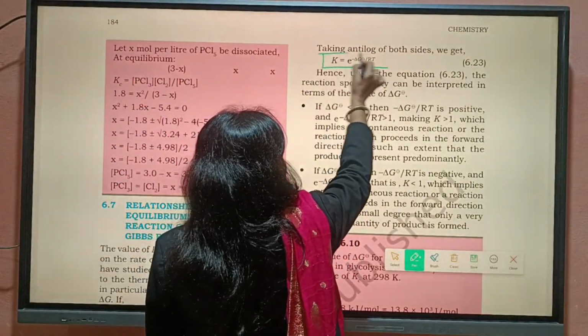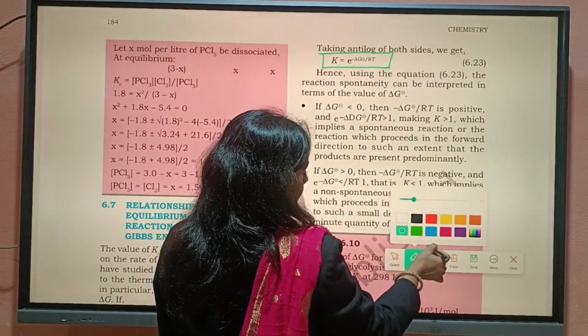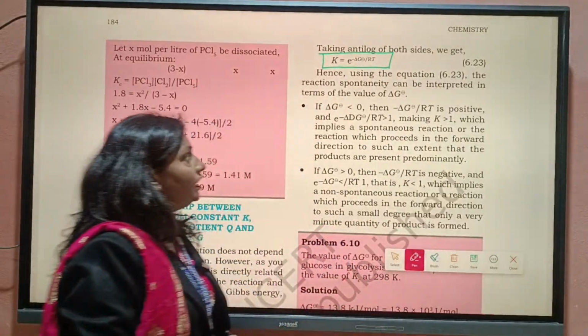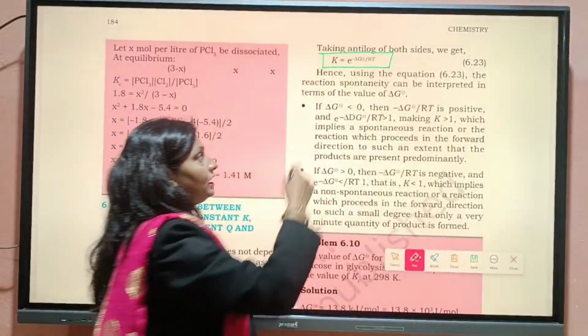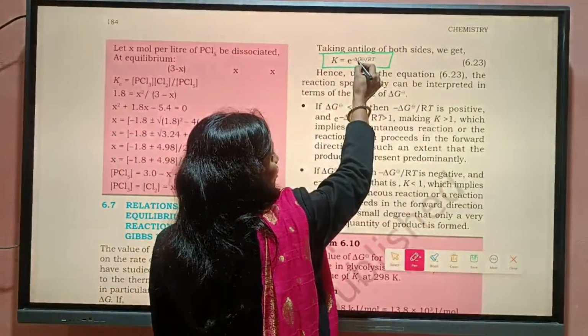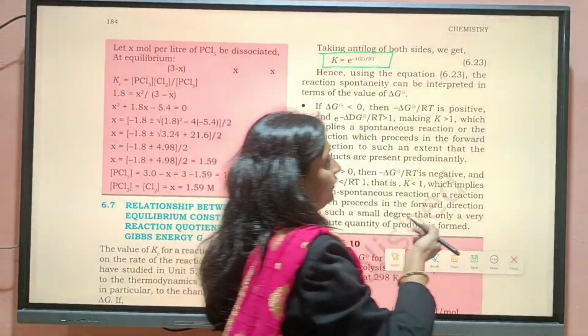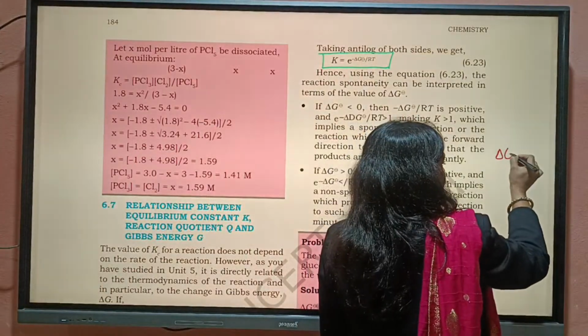This one is the relationship. If, students, the value of del G is negative.